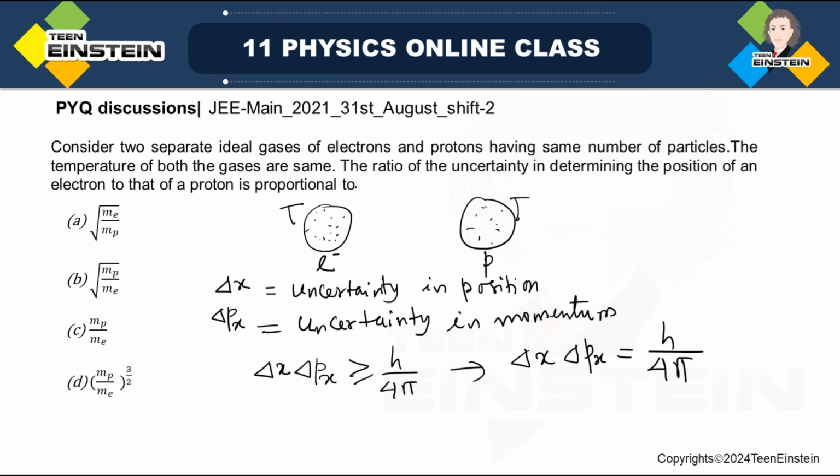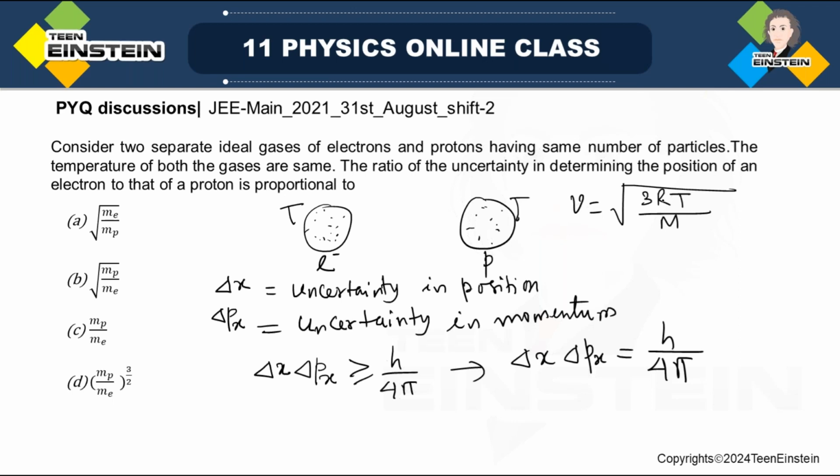So from here you have to see, here actually the temperatures are same for both the ideal gases. So ideal gas made of electrons and ideal gas composed of proton, they are actually having same temperature, and we know the RMS velocity V RMS is equal to square root of 3RT by m.